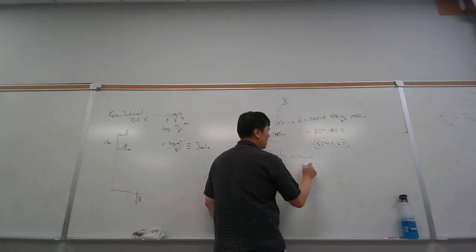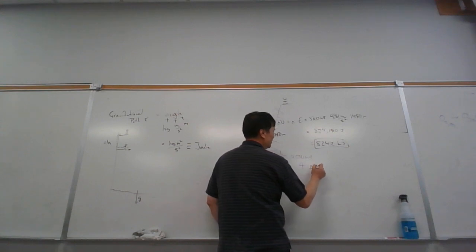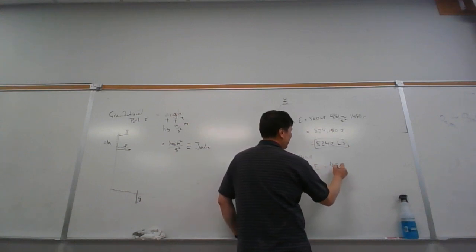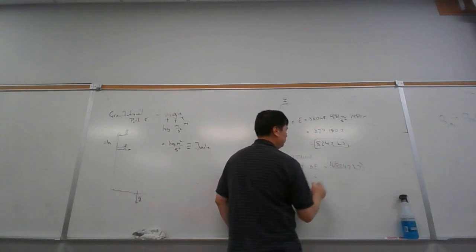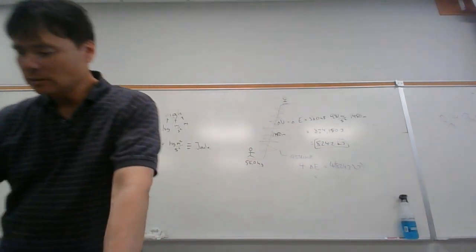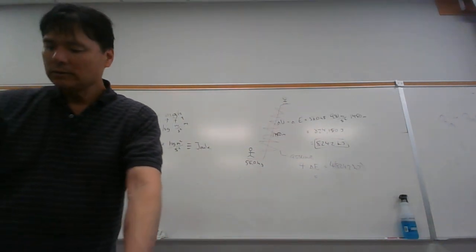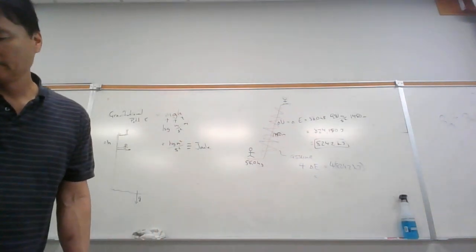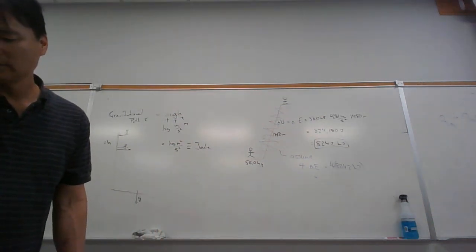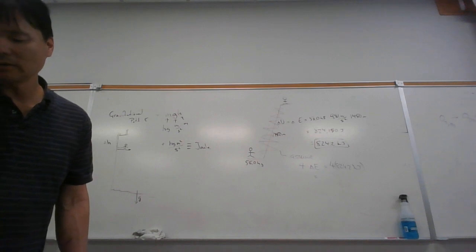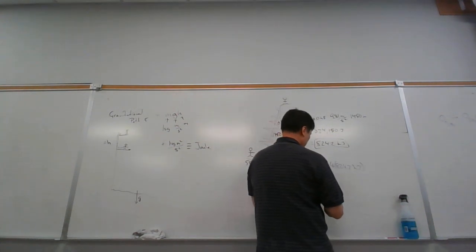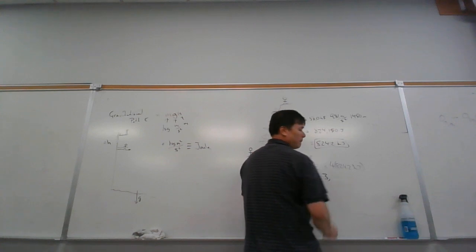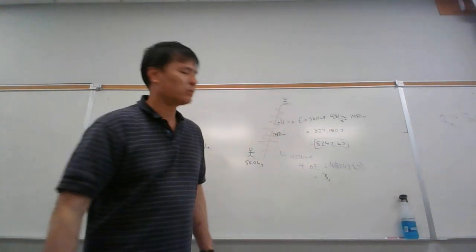So we're going to do 4 times our delta U or delta E, which is 4 times 824.2 kilojoules. So times 4 is 3,296.7 kilojoules.